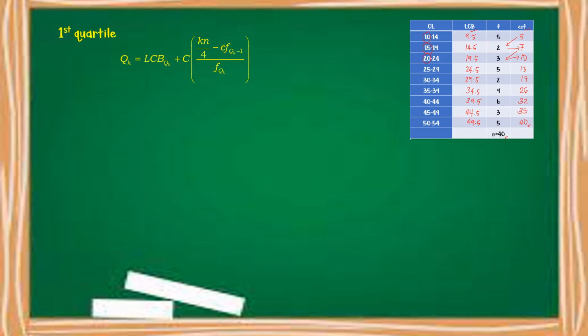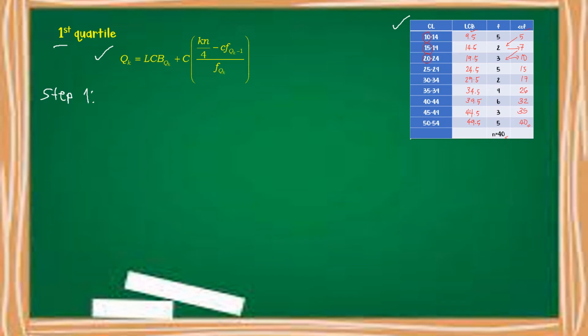Okay, so we are looking for the first quartile. Here is the formula, and here is our table of distribution. Step 1 says that you need to solve for the location.